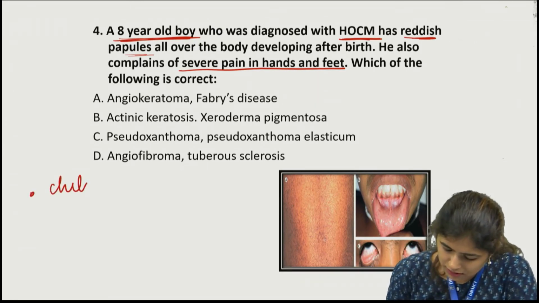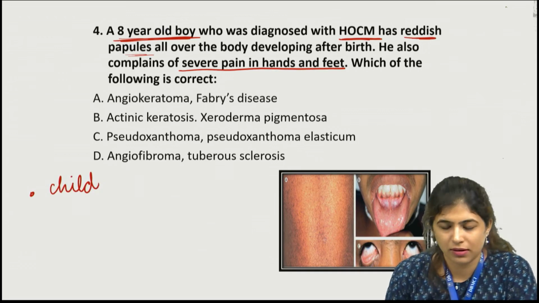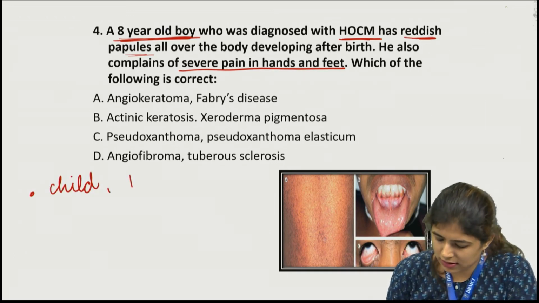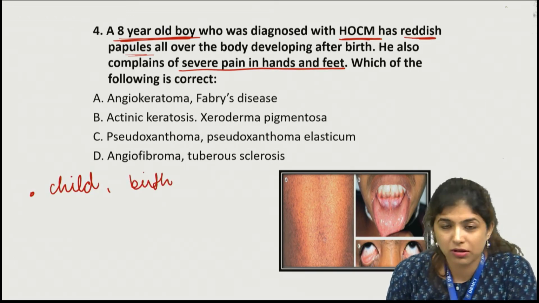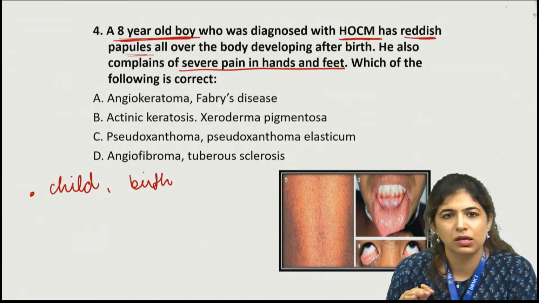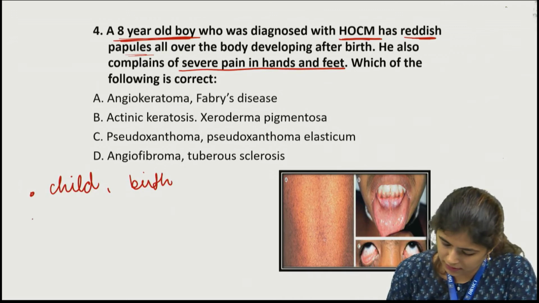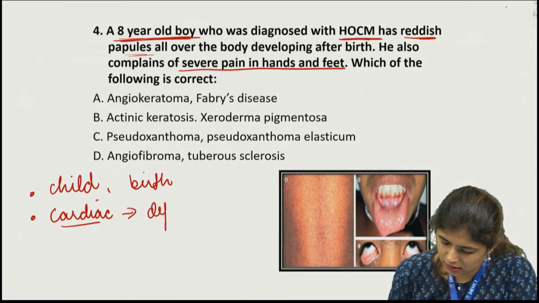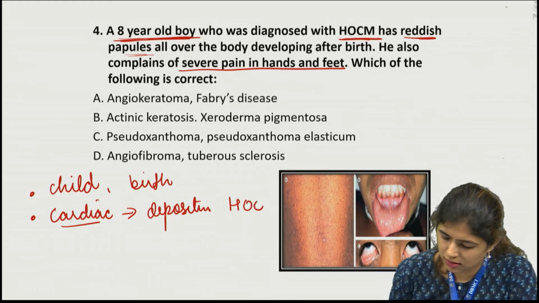It's a child. Okay? The lesions started appearing at birth. So this is probably a congenital disorder. Then he has a cardiac involvement. It is a deposition disorder causing hypertrophic obstructive cardiomyopathy.